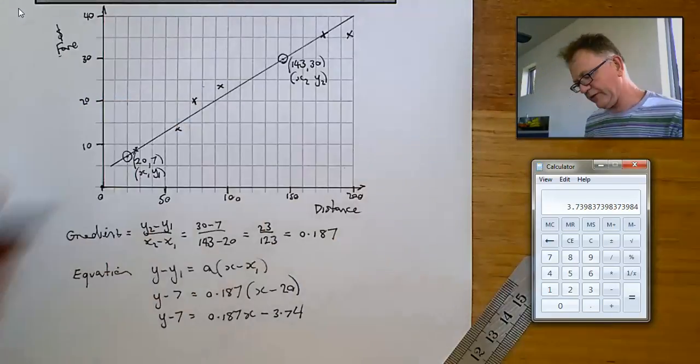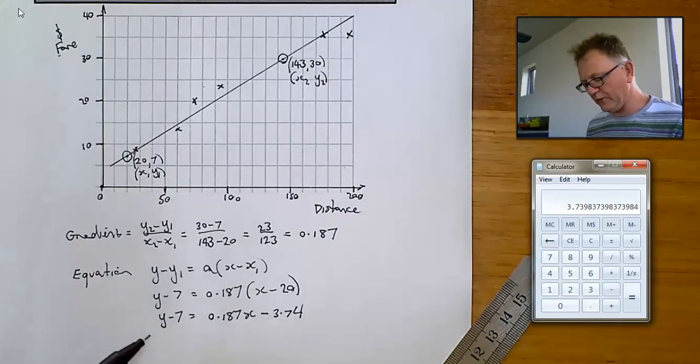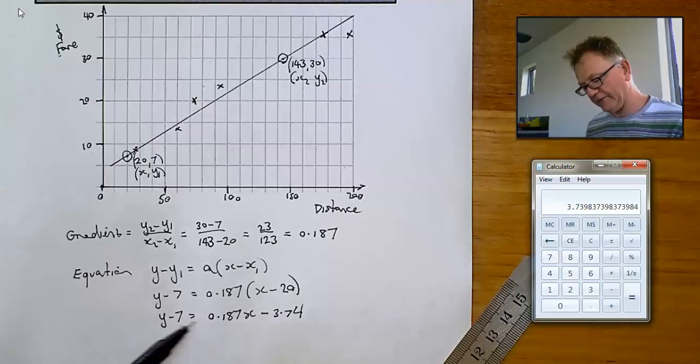That's just about what I want, only it's best to have lines written in the form y equals ax plus b. So I'm going to need to add 7 to both sides of this equation.